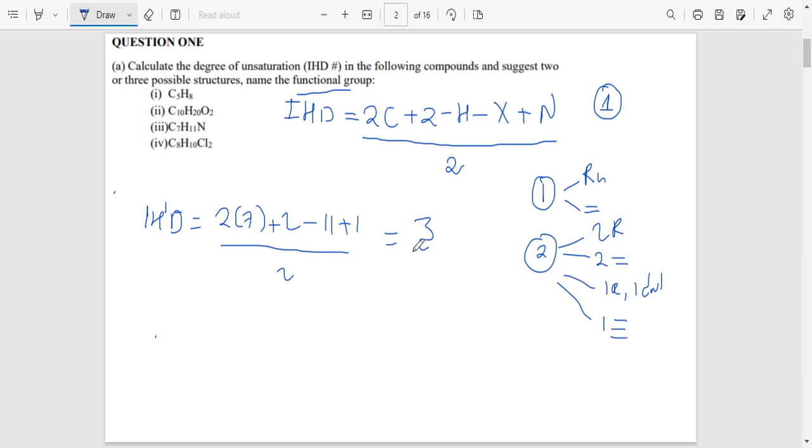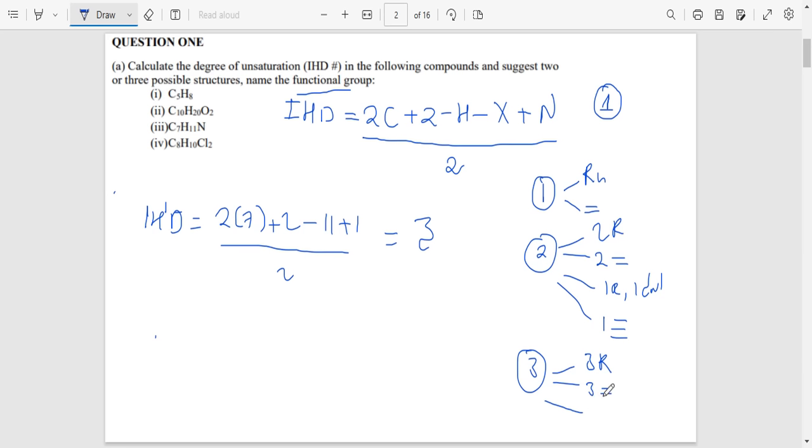Now, when we have got an IHD of 3, it has got a lot of meanings. It is either we are having three rings. Apart from that, we can also be having three double bonds. Okay, we can also be having a combination of a ring and a double bond.